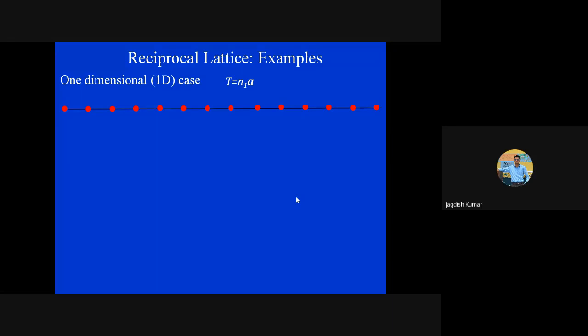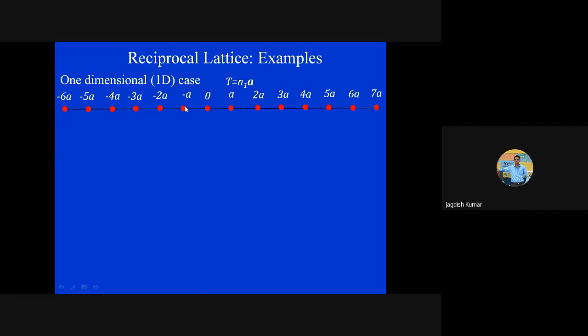If this is a lattice, what will be the translational symmetry associated with it? T is equal to n1 into a, where n1 is some integer and a is the separation between any two lattice points. How will the lattice points be repeating? If this point is taken as a reference, then you will have a lattice point at a separation a, 2a, 3a, 4a, and so on.